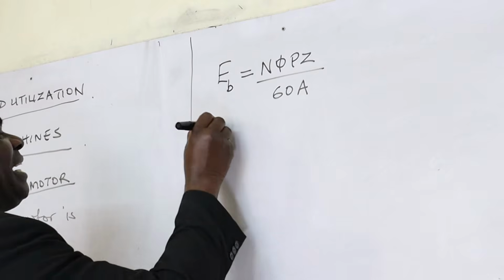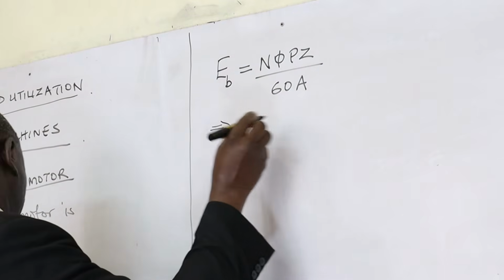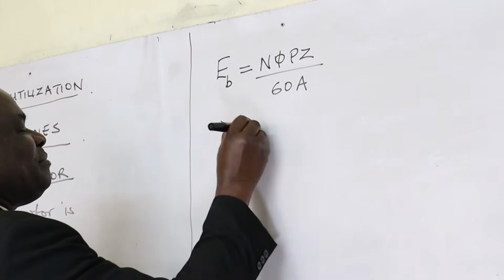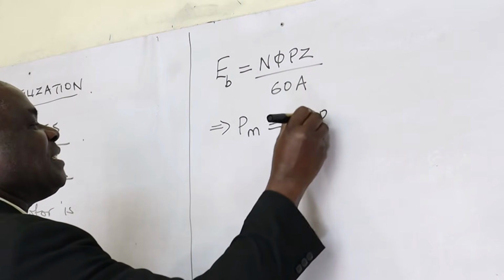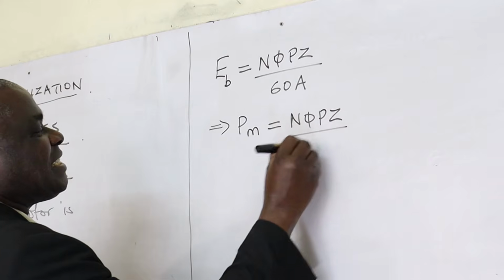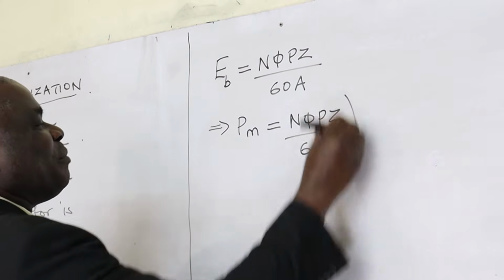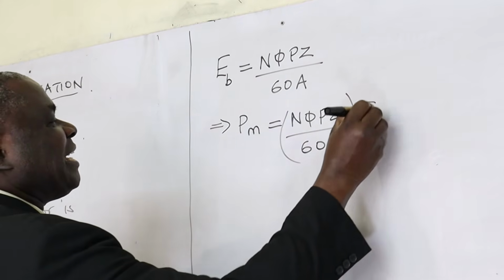So this implies that our PM will be equal to N phi PZ all over 60A. Now we multiply with IA.